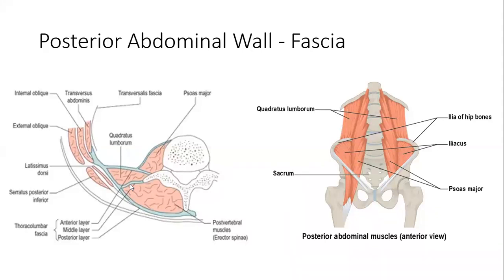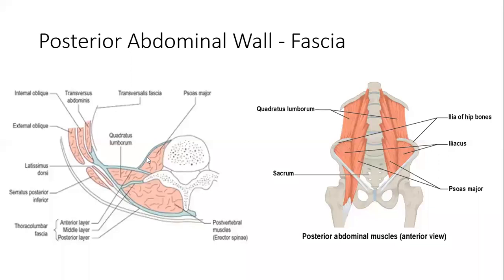For example, starting with the psoas muscles, medial to lateral, we will go. You can see that this blue covering is the fascial sheet. Now look closely. The fascia covering the anterior aspect of the psoas muscle will be labeled as psoas fascia.